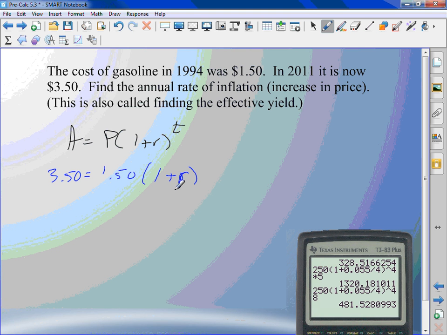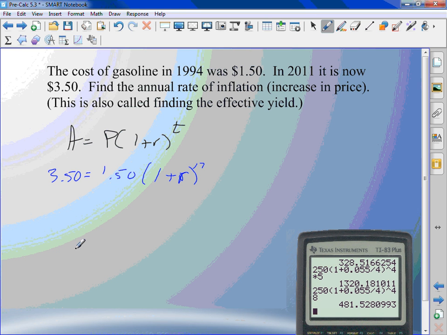How many years have passed? 16. Are you sure? No, 17. You haven't had your birthday yet. So it's 17. It all depends on exactly what time of the year it was.